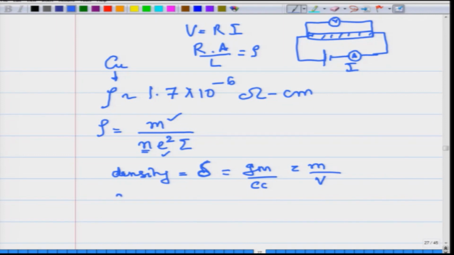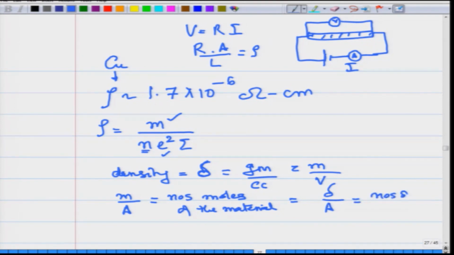And if you take mass divided by the atomic mass of the substance, you will get the number of moles of the material. So, the density divided by A will give you number of moles per cc of the material.